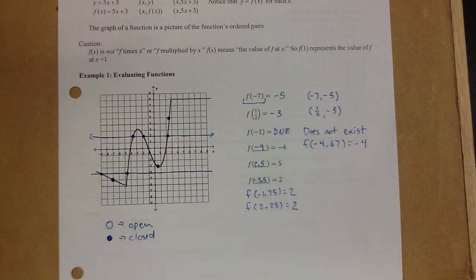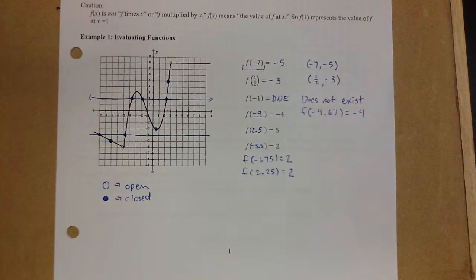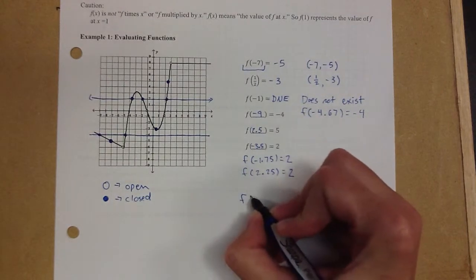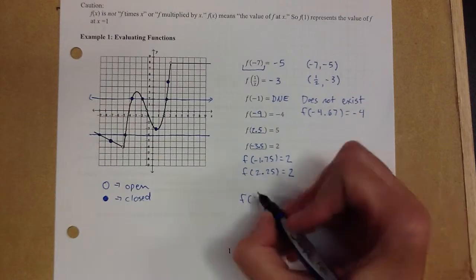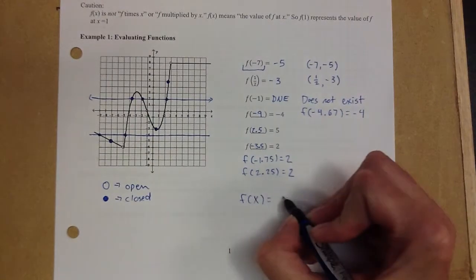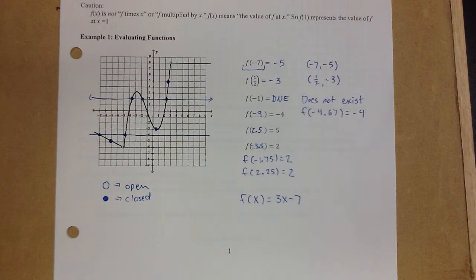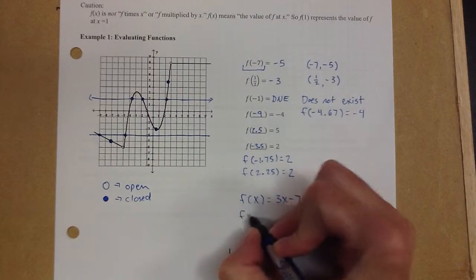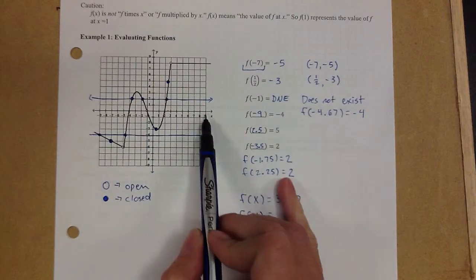Now, we found all of those by looking at the graph. Sometimes you're going to be asked a value and you'll know the equation, and you might even have the graph. But they could be asking you for a point that is not on there. So say I have the equation f of x equals 3x minus 7. Okay? And I could even give you the graph for that also. And I want to know f of 21. Well, 21 won't fit on here. It only went up to 9.